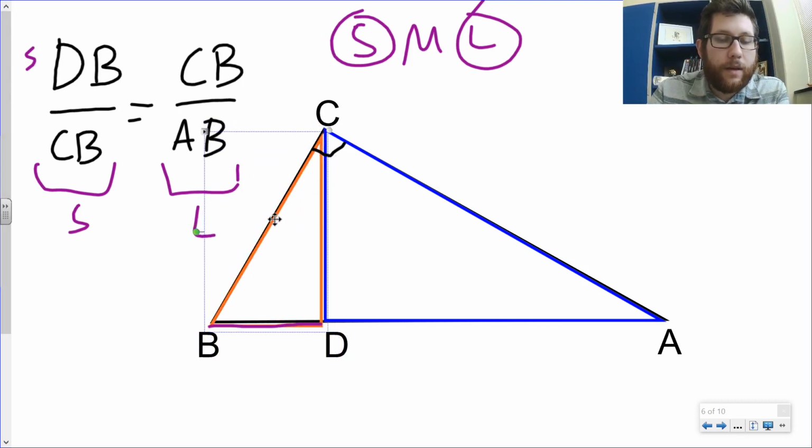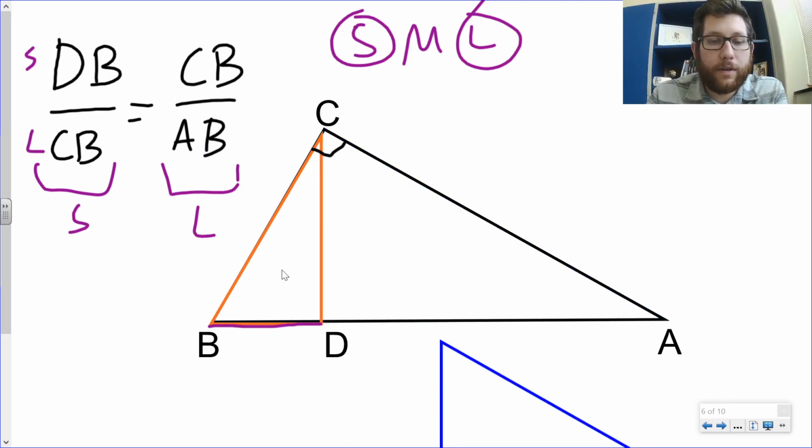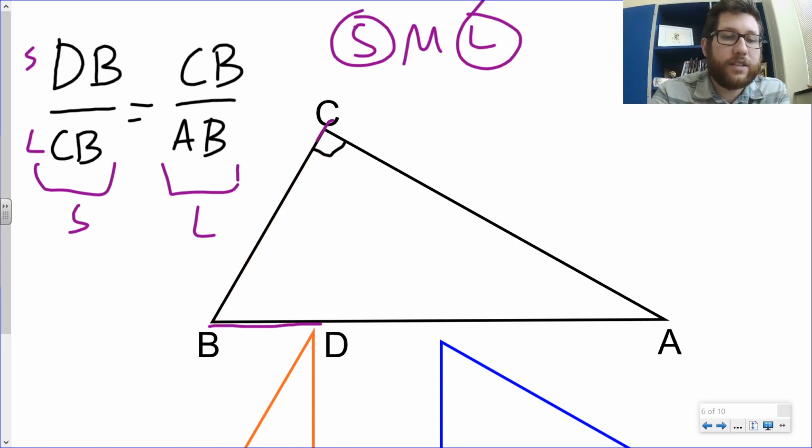CB, that is the longest side, or the largest side of my smallest triangle. Now let's consider the whole triangle. CB, that's the smallest side of my big triangle. AB is the largest side.